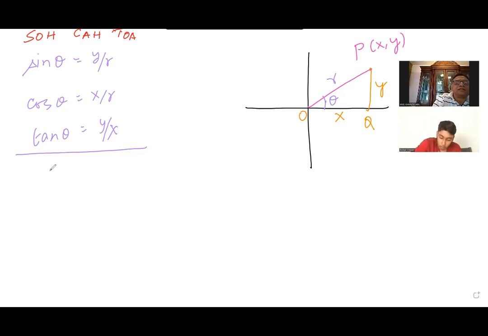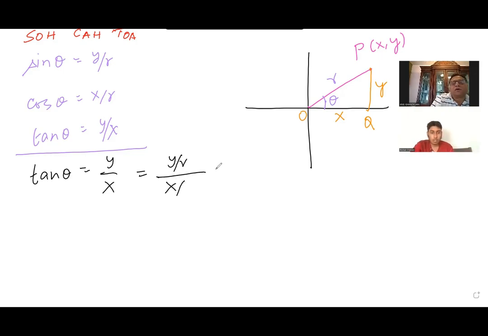We are saying tan theta equals y over x. We can divide both by r. What is y over r? Y over r is sine theta. And x over r is cosine theta. So sine theta over cosine theta is tan theta. We have shown the first identity, which is the ratio identity.